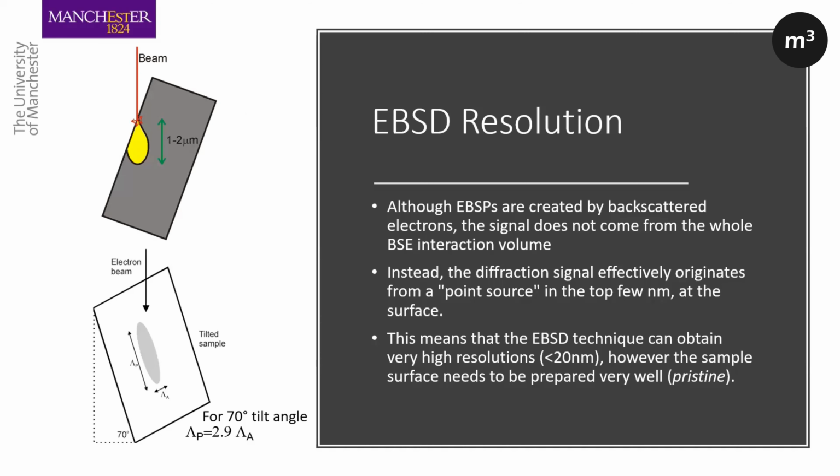Now, the other thing to consider about the tilt angle is that at 70 degrees, for example, the aspect ratio of the beam is 3:1. As you increase the tilt angle, this aspect ratio increases, and it affects the resolution, of course, in the Y direction.